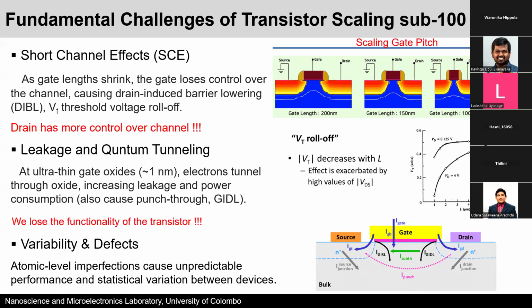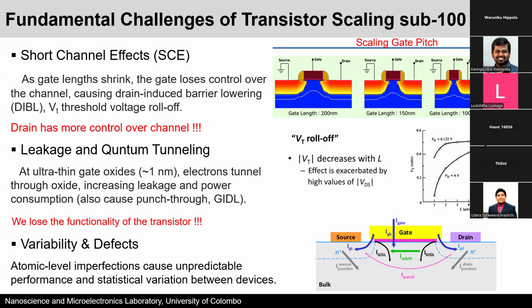Because 1 nanometer is actually around 10 atoms wide, in the vertical direction. There are certain other phenomena happening, such as GIDL, gate-induced drain leakage, and also the punch-through. I won't go into details here, but what actually happens is that we lose the functionality of the transistor, the gate control, again.